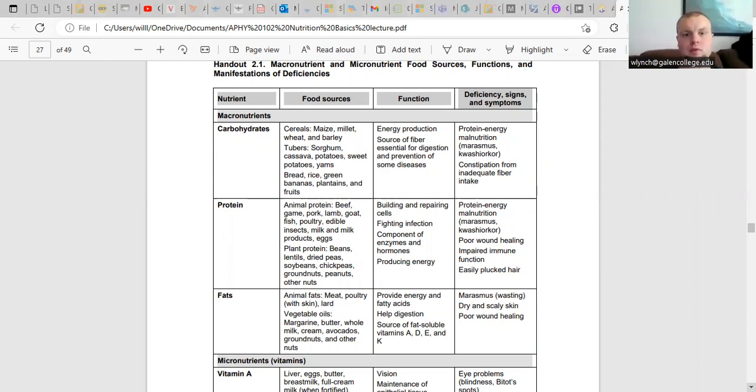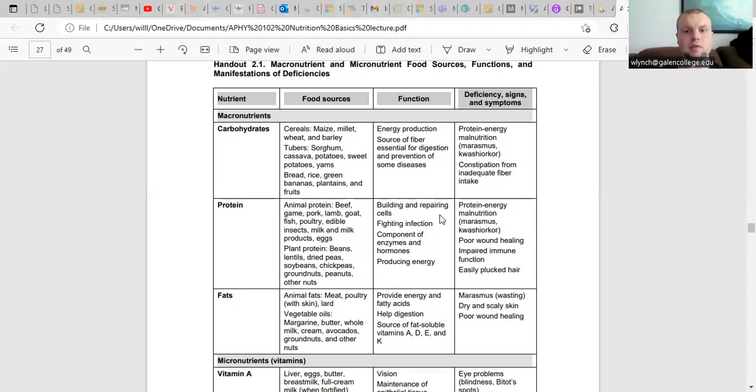Proteins are going to be from sources like animal meat, eggs, milk, dairy products, things like that. We can also see plant sources, although sometimes they're incomplete. Things like lentils and beans, peanuts, and chickpeas. Function is more so for building and repairing and processing things.